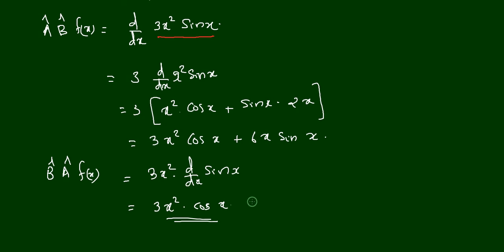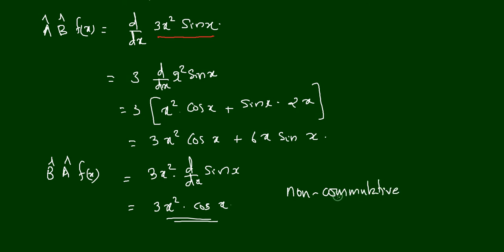So in this case, the two operators are non-commutative. If they were commutative, the results would be the same. Since the results are not the same, the result depends upon the sequence of operation, so they are non-commutative.